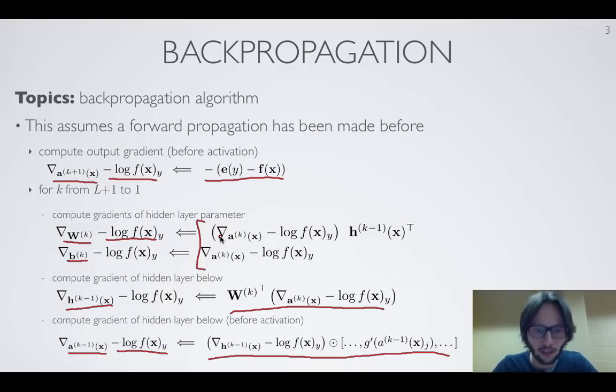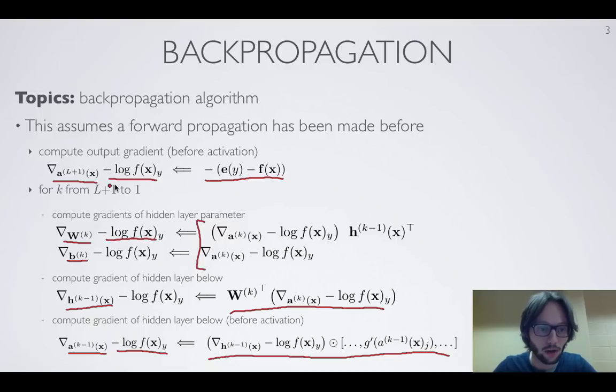And now we notice that in each case, except for the one on the left, the expression often depends on the gradient of other parts of the neural network. So the gradient of the weights and the biases depend on the gradient with respect to the pre-activations. The gradient of the hidden unit activations depends also on the gradient of the pre-activations, while the gradient of the pre-activations actually depends on the gradient of the activation of a hidden layer.